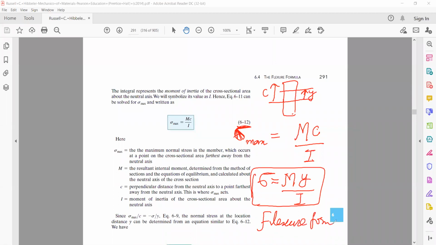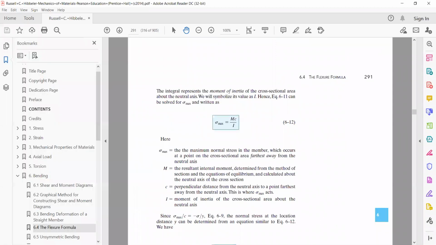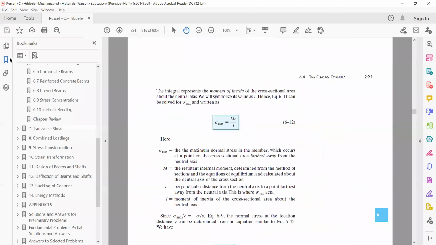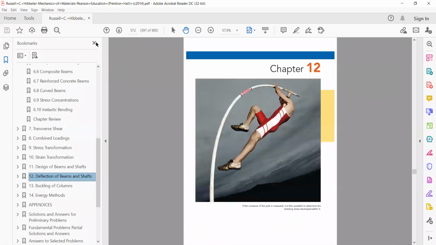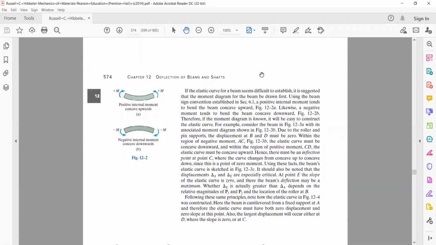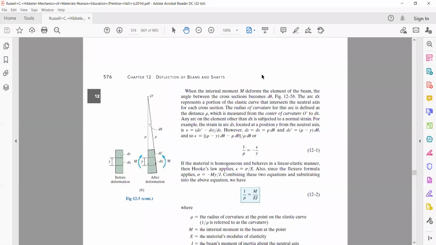Now it is this formula that we make use of in dealing with the deflection of the beams. As we had in yesterday's class, we were talking about these equations. In yesterday's class, we made use of this sigma is equal to minus My by I, the flexure formula.